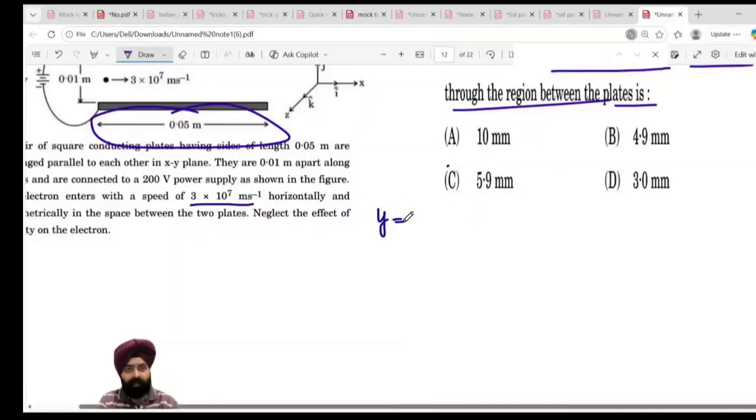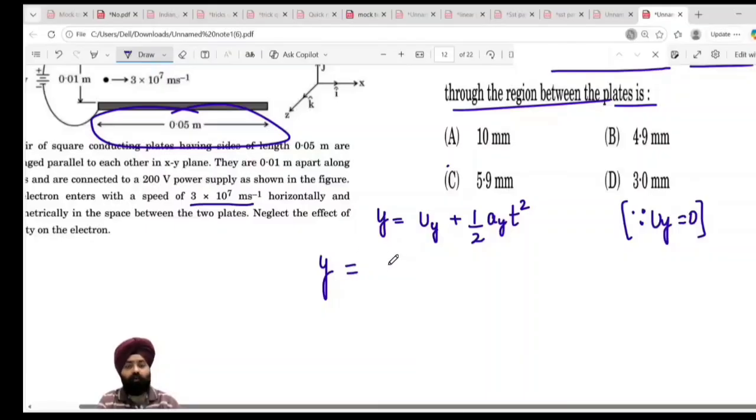We have to find y equals to, we will apply the relation here, uy plus half at square, right? We know that initial velocity is zero along the vertical path, right? So y equals to uy is zero, half.